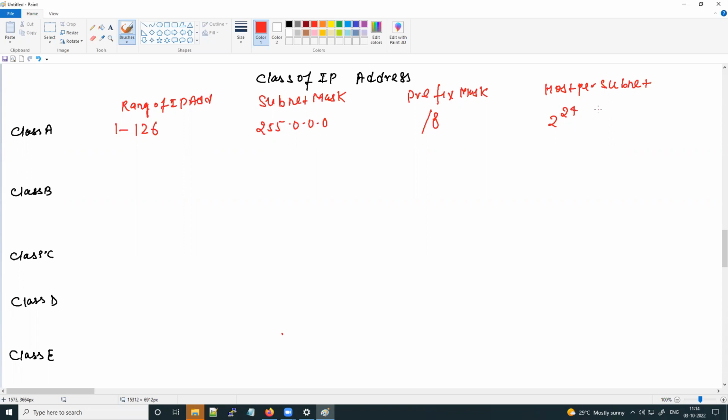It's a very big number, that would come to 16 lakh something. Class B, the starting range is 128 to 191.